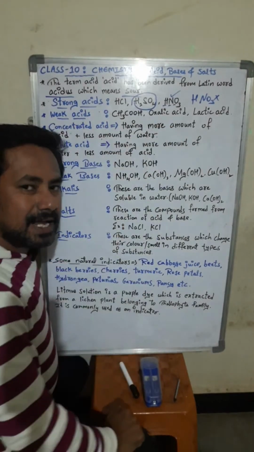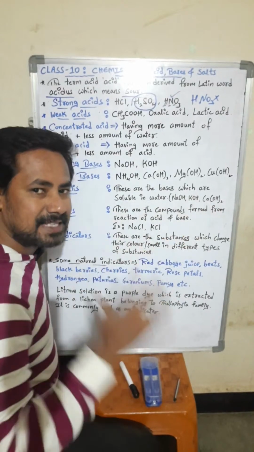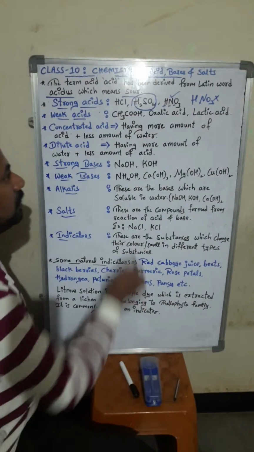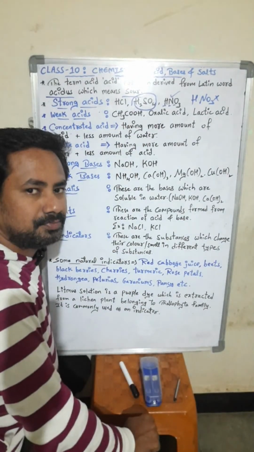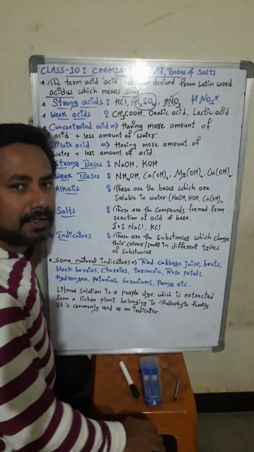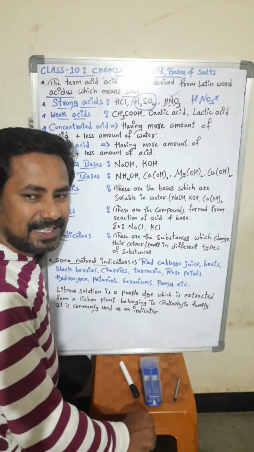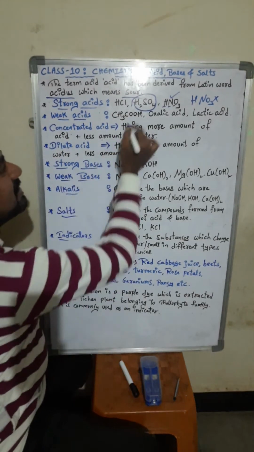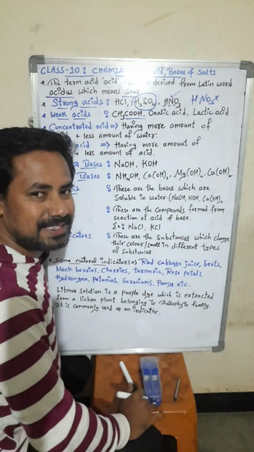Some weak acids are there, students. Strong acids are there, weak acids are also there. Which are the weak acids? CH3COOH is the formula. What is the name of that compound? Acetic acid. CH3COOH is acetic acid. It is an example of a weak acid.